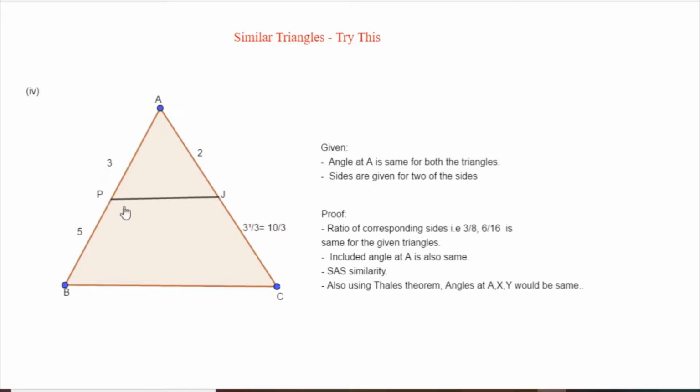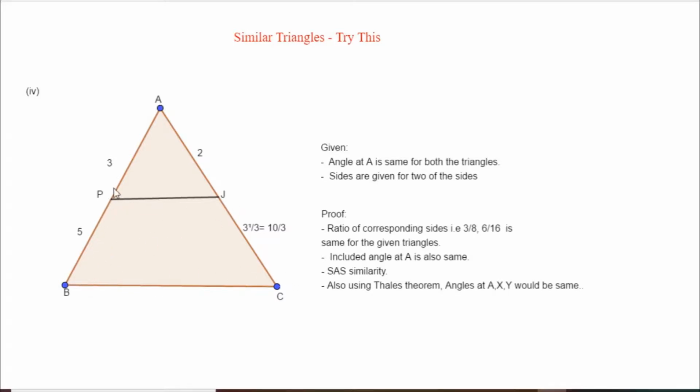Also, because PJ, which is a line intersecting sides AB and AC with the ratios of 3 to 8 on both sides, this side 3 to 8 and this side also 3 to 8, PJ must be parallel to BC.